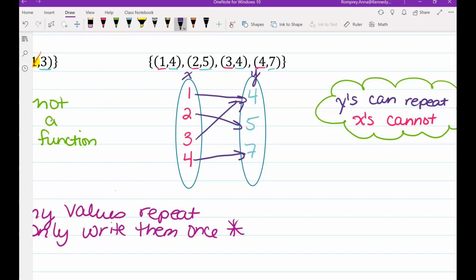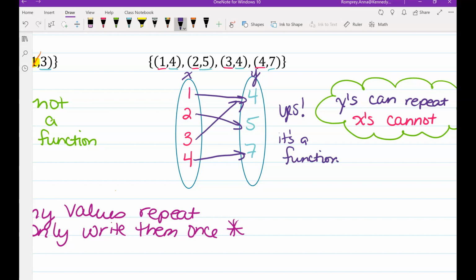So does each input have only one output? 1, yes. 2, yes. 3, yes. 4, yes. So this one is a function. Each x has just one y.